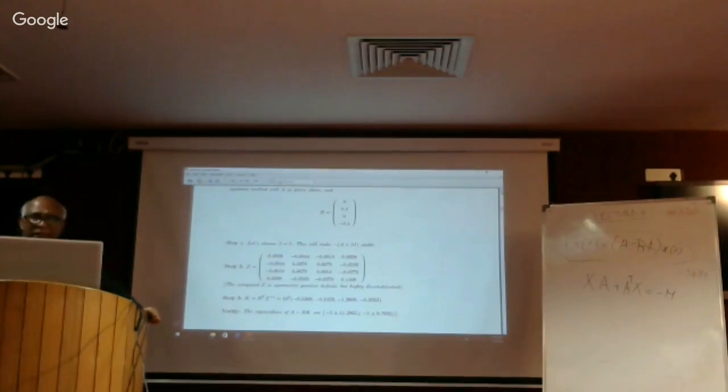That means the matrix K will have large numbers. And look at this, the entries of the matrix K are of order 10 to the 3, very large. So we need a large feedback to stabilize the system, which is not practically desirable.